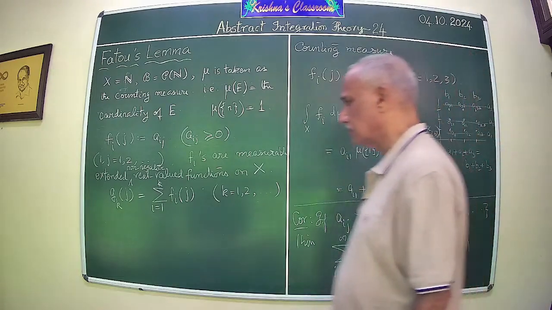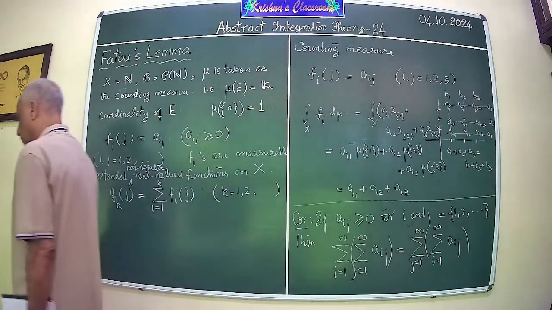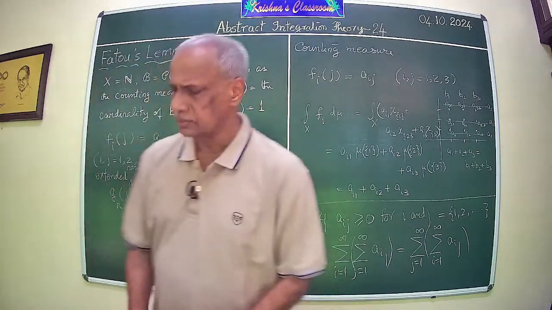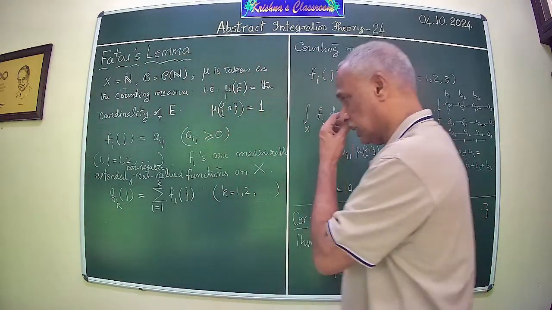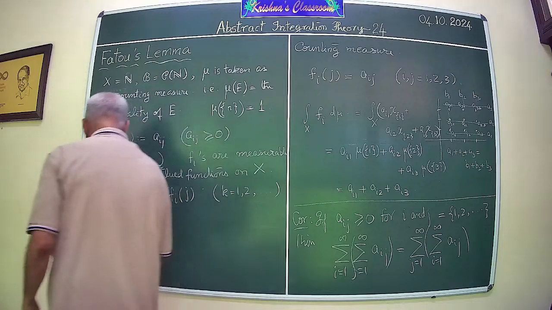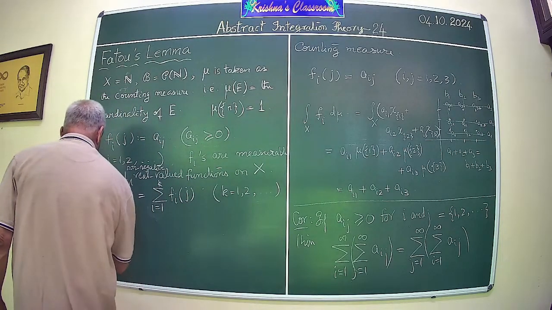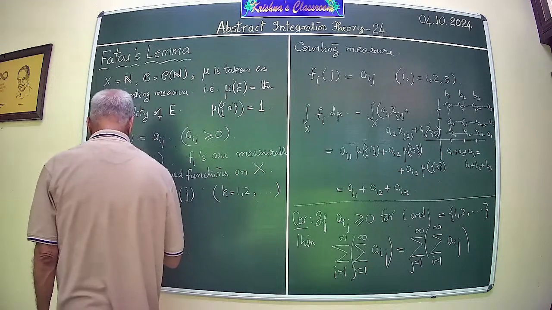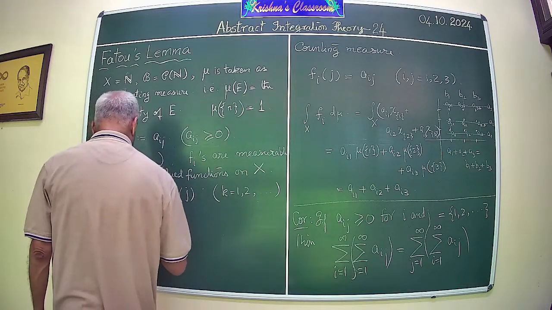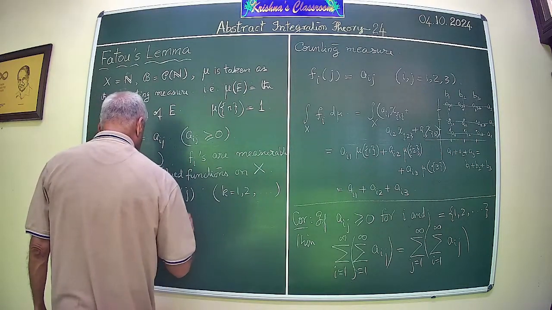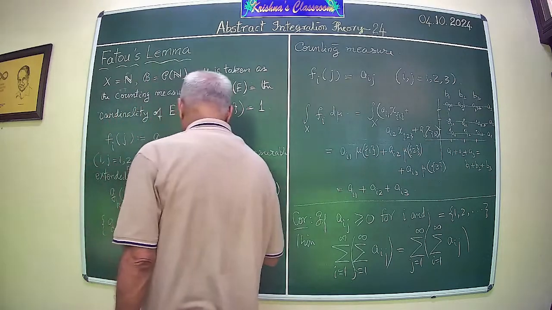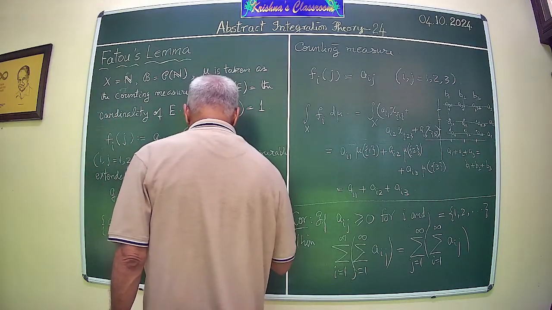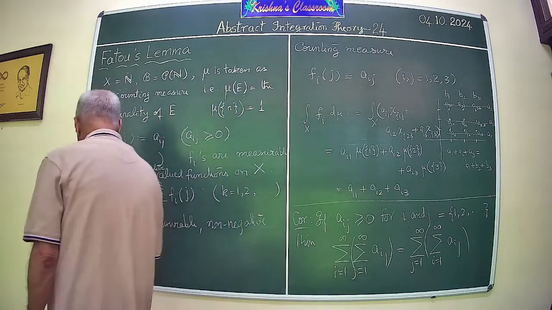These are again extended real valued functions which are non-negative, measurable, and therefore g_k are measurable, non-negative, extended real valued functions.